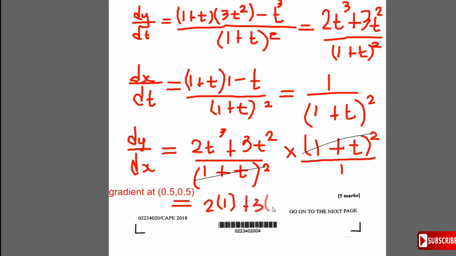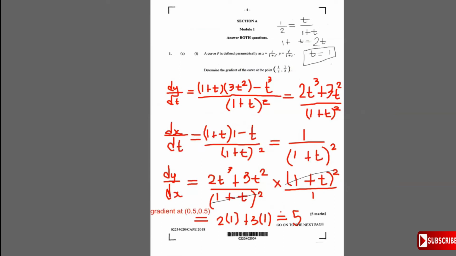And so the gradient at this point is equal to 5. Nice and easy. That's the first part of this question. The gradient is 5.